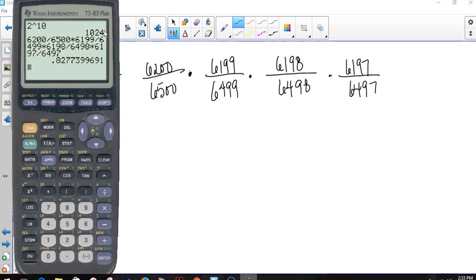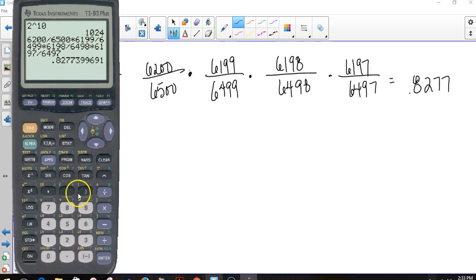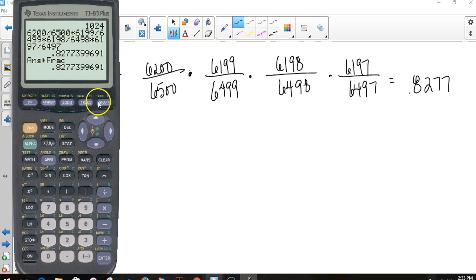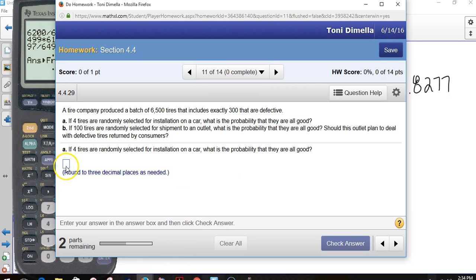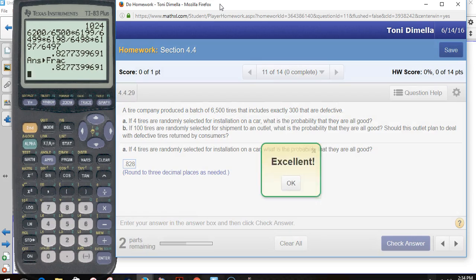And so your probability is about 83%. 0.8277. Depending how they want you to write it, most likely a decimal to 4 places would be fine. And in case they want a fraction, you can hit math, enter, enter. If it were nice, usually it changes it back. This time it didn't, so I'm going to guess that they are okay with the decimal.